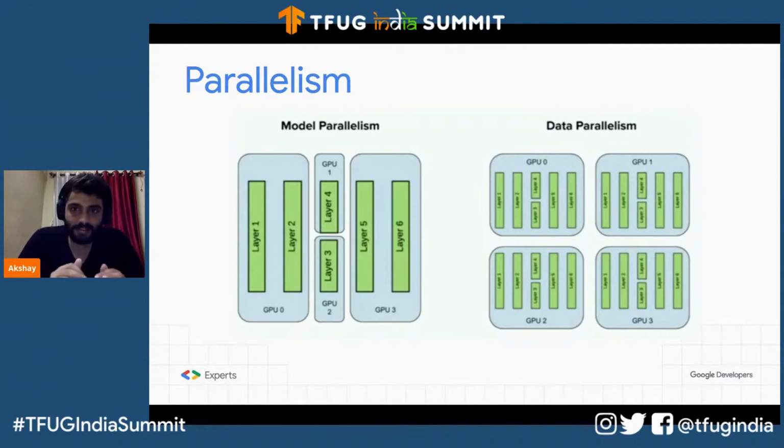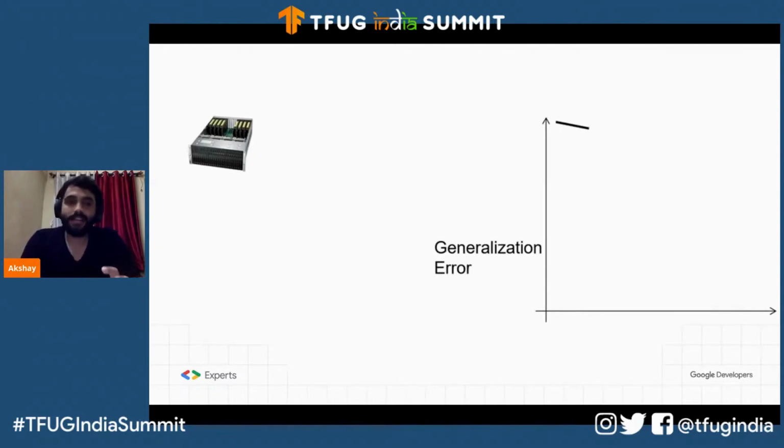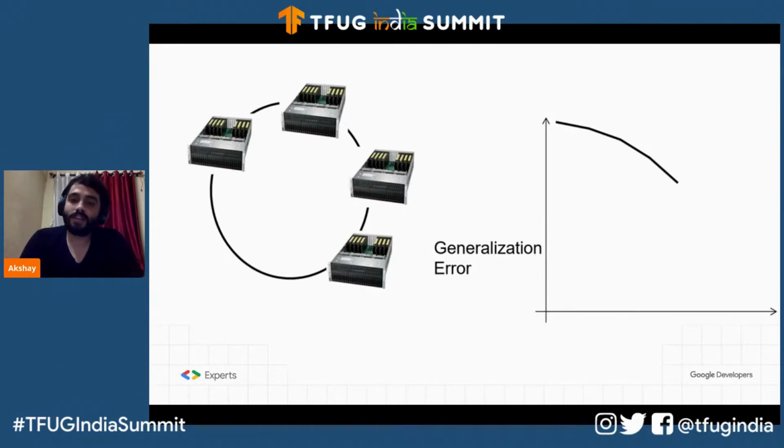Now what you'll realize in this case is how all the GPUs are in sync, and this was the main question and the main challenge when it comes to distributed training. One of the advantages is that, let's say, if you use only one GPU, our error over a period of time decreased something like this. It was quite linear, but if we added more GPUs, our error started going down a lot.